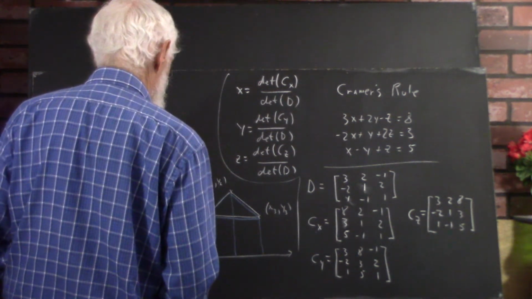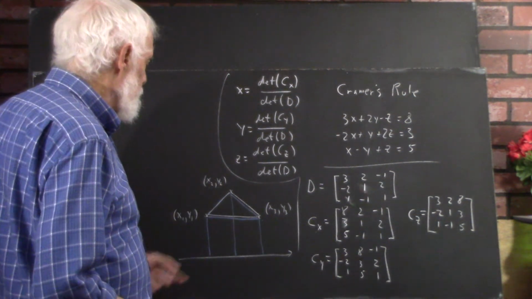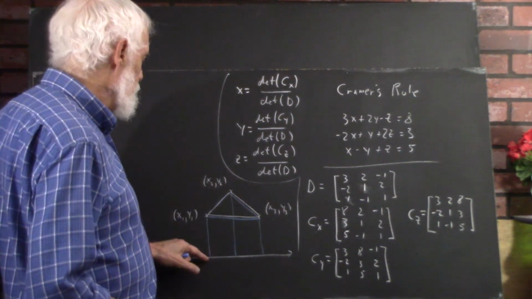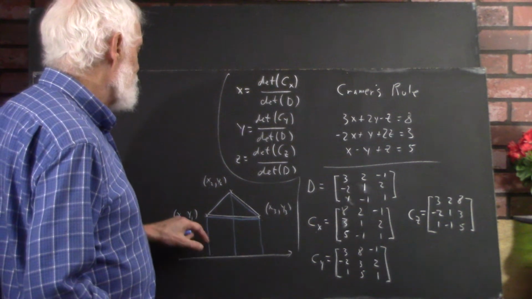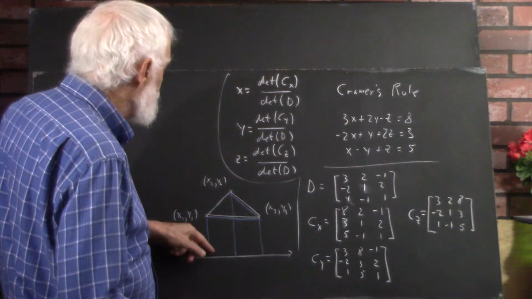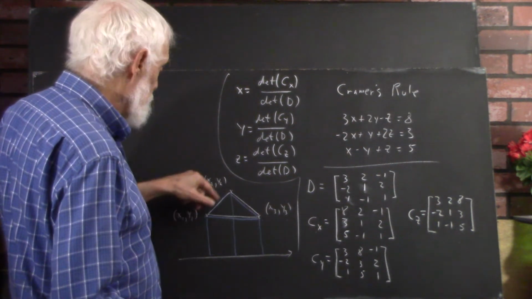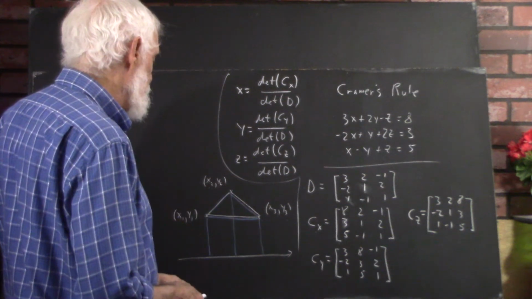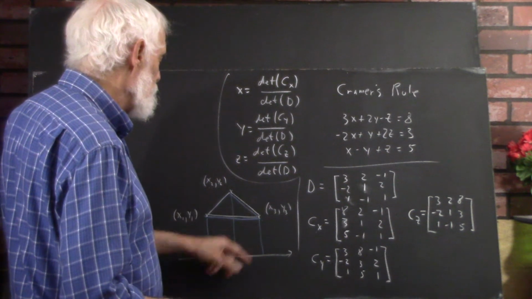The total area of the triangle is, well, it's the area of this figure, which isn't a trapezoid, minus the area below.